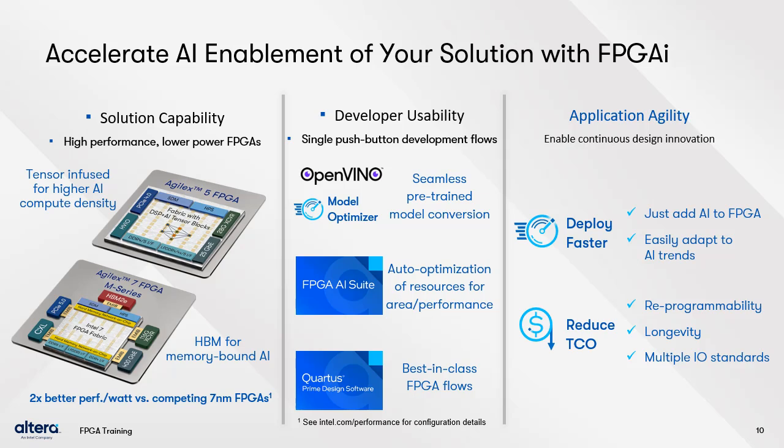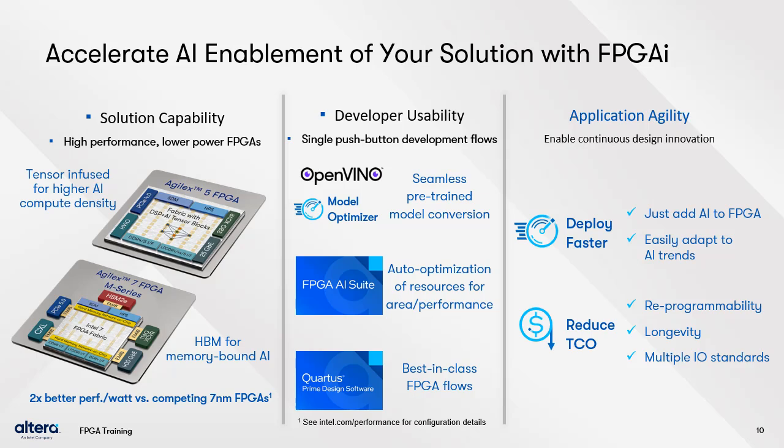The Agilex 5 FPGAs, the first FPGA with fabric infused with AI tensor blocks, is for increased compute density. It enables low, deterministic latency and real-time processing for models deployed at embedded or edge. For data center deployment, we have Agilex M-series FPGAs with HBM2 memory, DDR5 or DDR4 support, well suited to solve memory-bound AI bottlenecks for generative AI LLM-based transformer models.